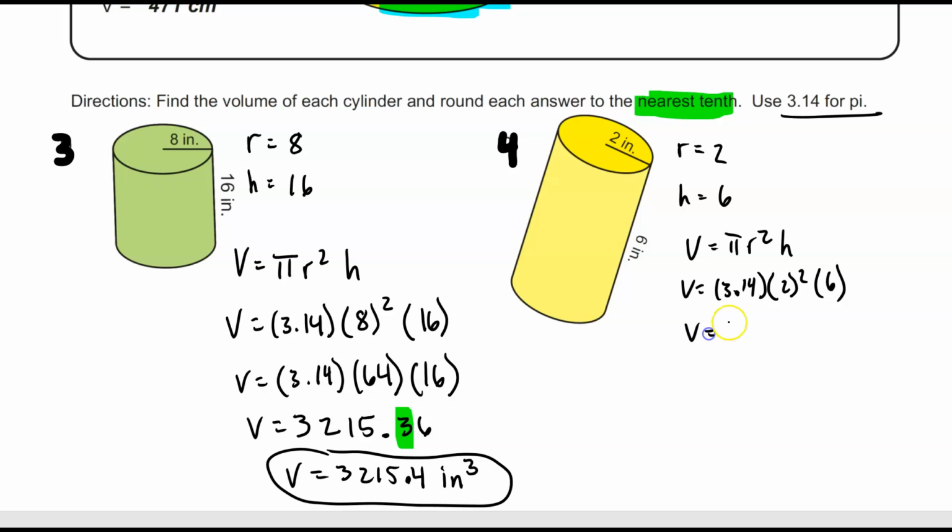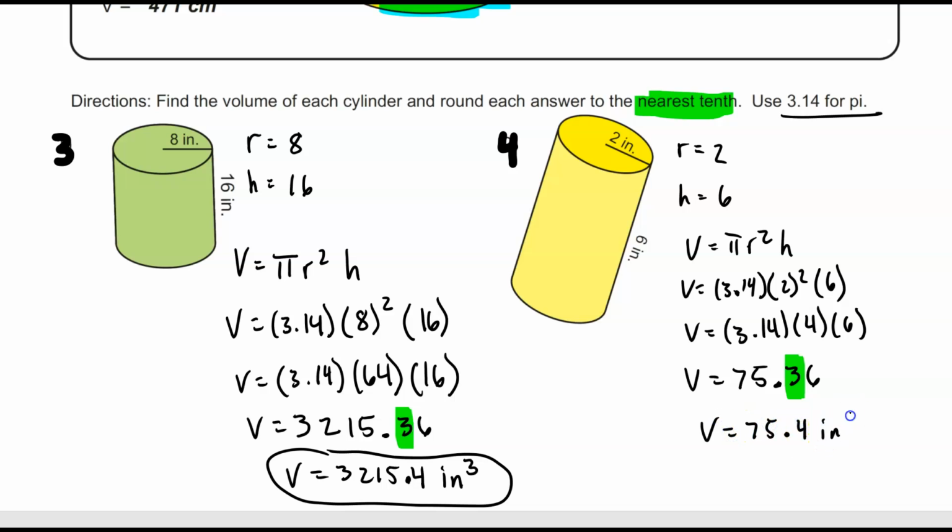So volume is equal to 3.14 times 4 times 6, and our answer is 75.36. Again, the 3 happens to be in the tenths spot, so we look at the 6, that's more than 5, and so we round up to 75.4 inches cubed.